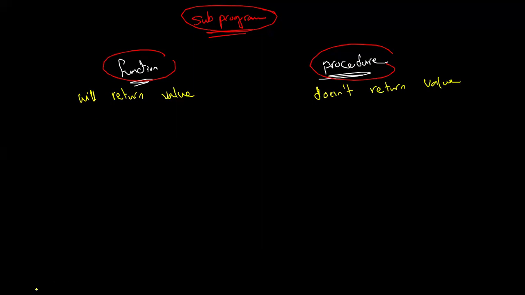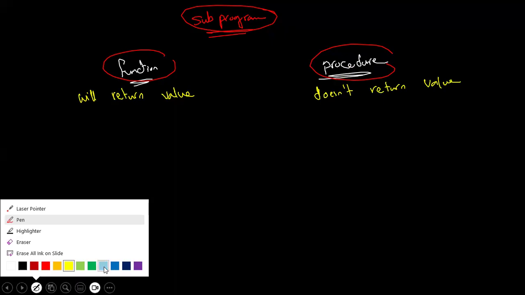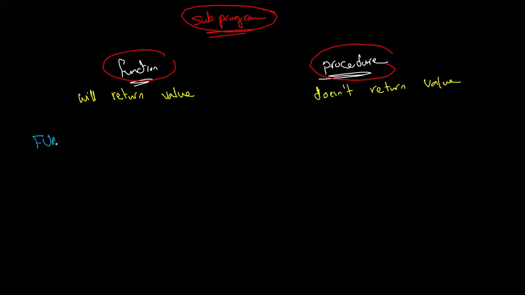Right. If I want to write a function to calculate the area of a square, let's try to do it. We will write the function as pseudocode. This is pseudocode. FUNCTION, and then the name of the function, for example, AreaOfSquare. And then I will mention the parameters. What are the parameters? The given things which you will give to your function.